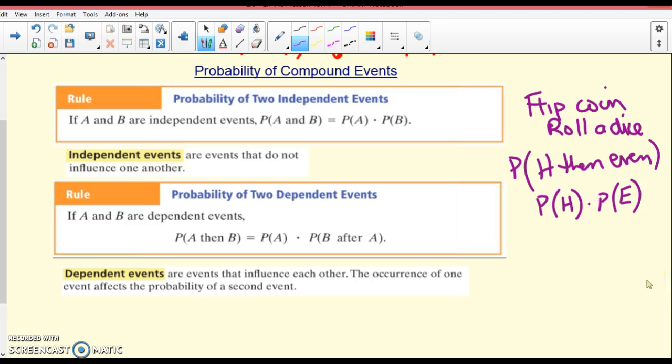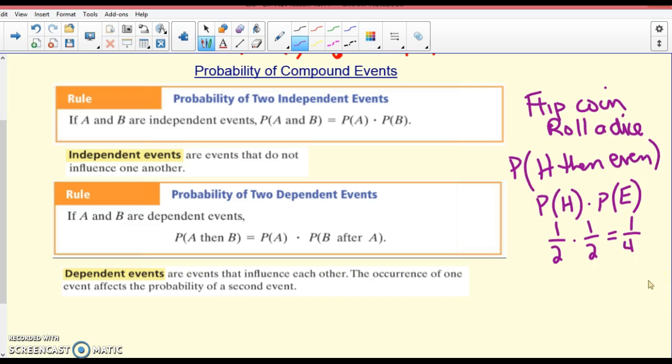What is the probability of getting heads on a coin? What is it, everybody? 1/2, 1 out of 2, times, what is the probability of getting an even number on a dice? 1/2, because it's 3 out of 6. And when I multiply that, I get 1/4.